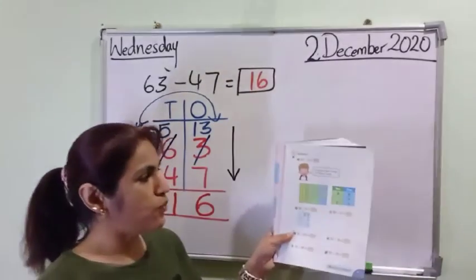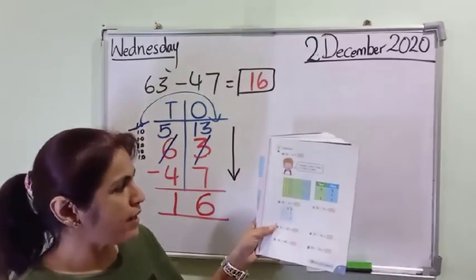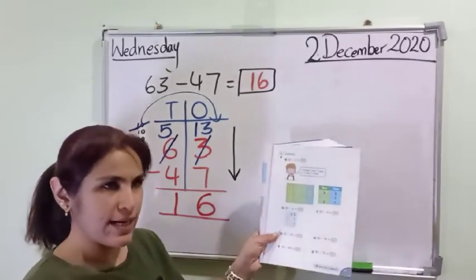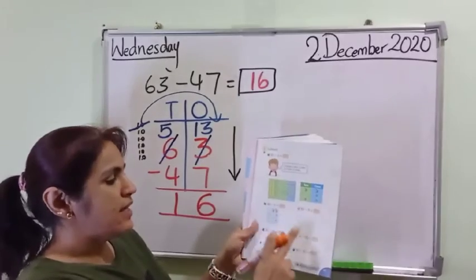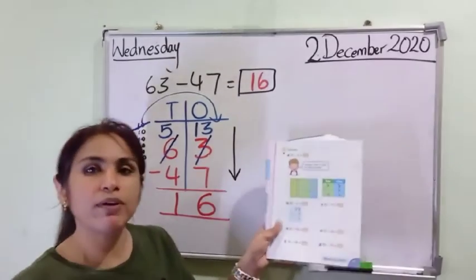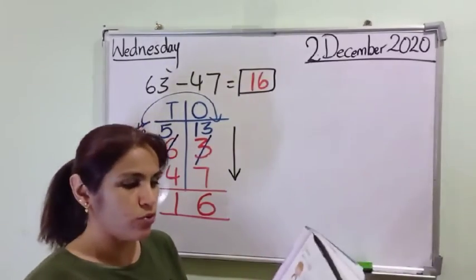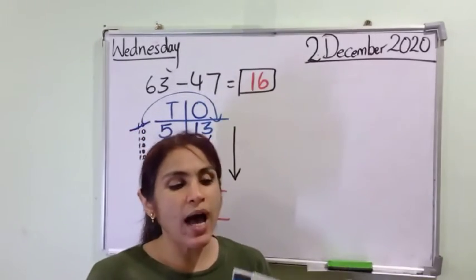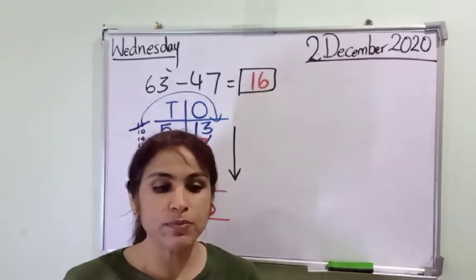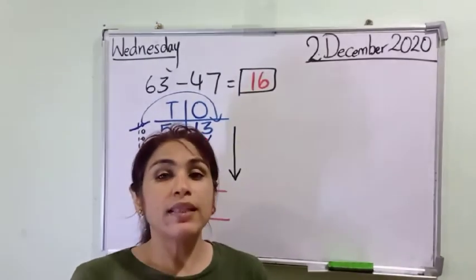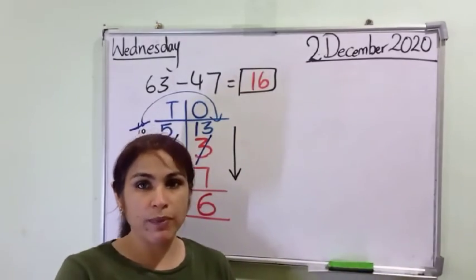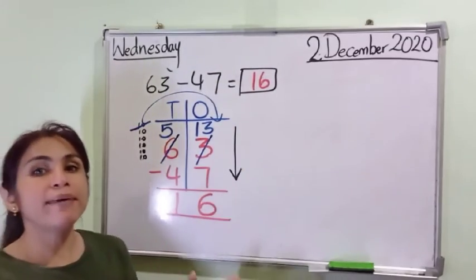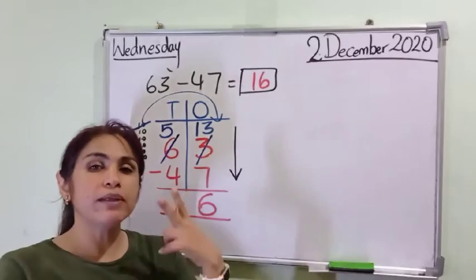This is the page 47, right? We will be doing A, B, and C as classwork. D, E, F, and G will be for homework, which you have to do yourself. The reason I'm asking you to do it is because I want you to practice more and more, because from now on you will be learning to add and subtract with bigger numbers like double digits.